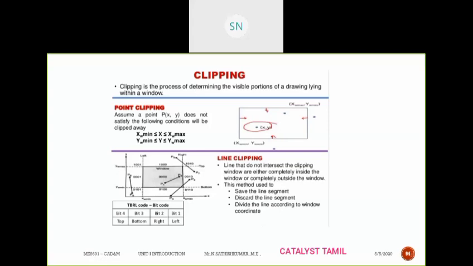You can also apply it to polygonal facets. Here we are going to discuss the Cohen-Sutherland line clipping algorithm for line operations, so it is called line clipping.